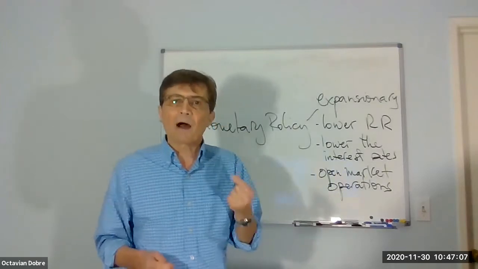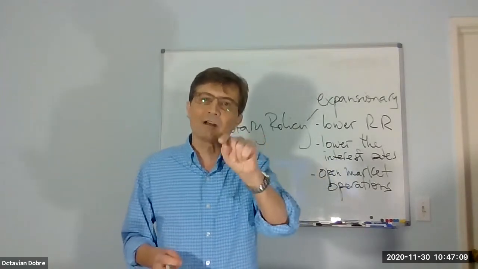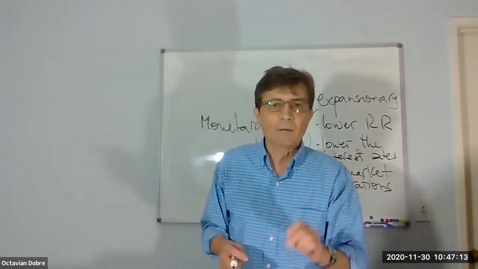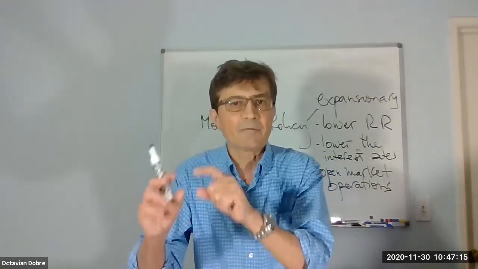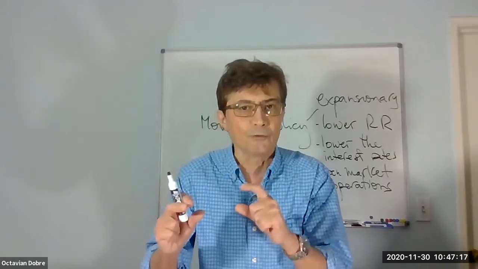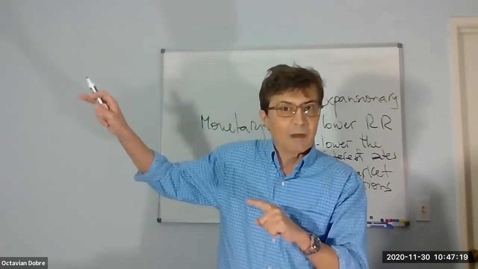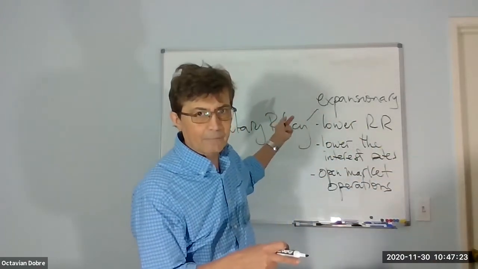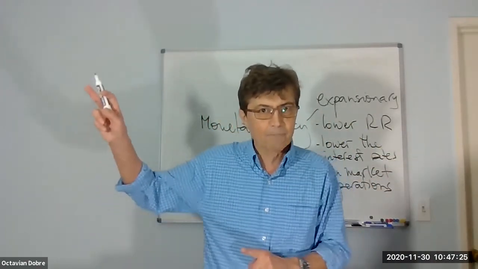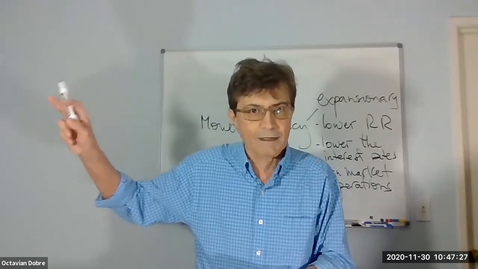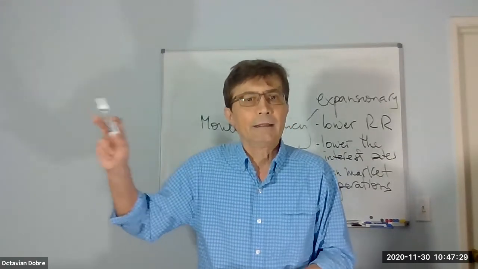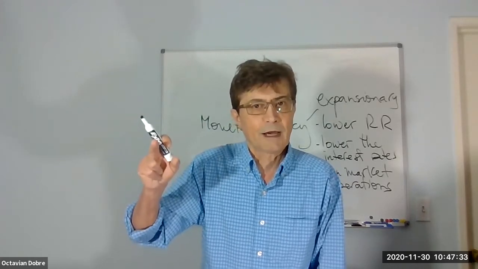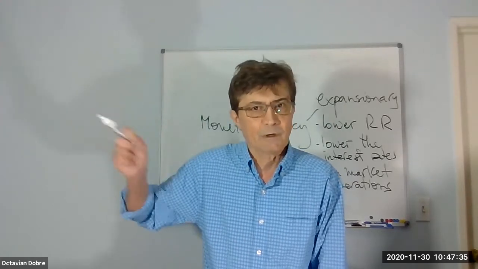So keep in mind, to determine whether the Fed is going to buy or sell bonds, remember that government bonds are pieces of paper which are IOUs, which the federal government, not the Fed, but the federal government, Congress, White House, borrows in order to increase the spending.